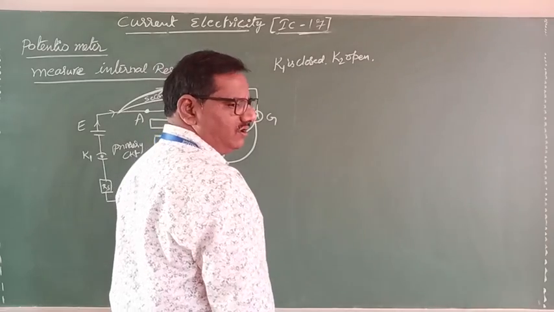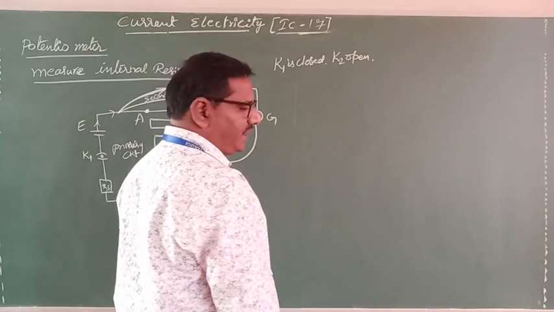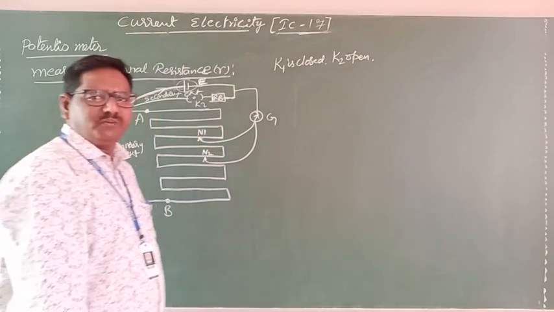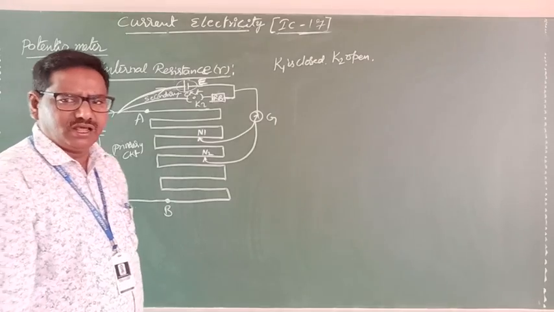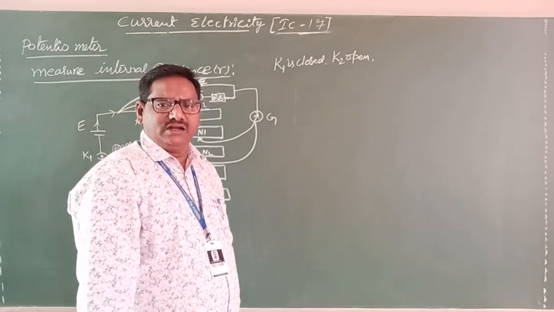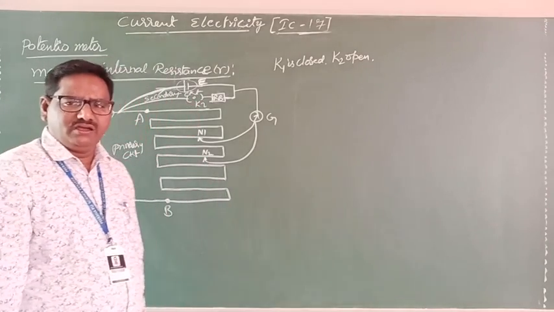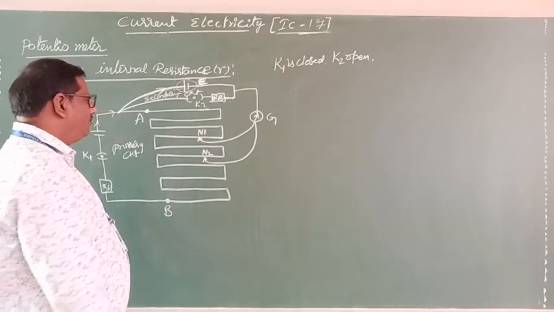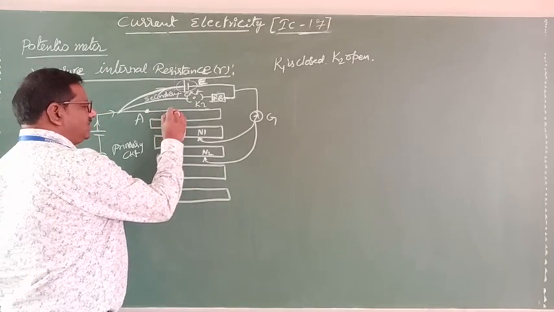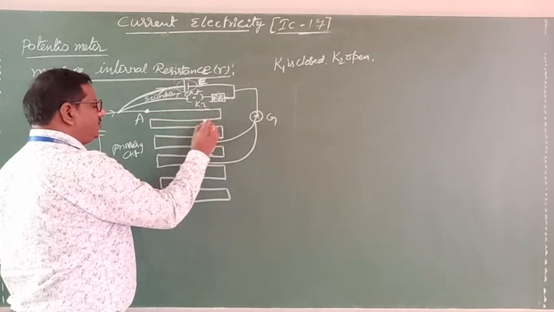Now K1 is closed and K2 is open, according to the principle of potentiometer. What is the principle of potentiometer? At a particular point of the jockey, the galvanometer shows zero deflection. How? From point A we touch the jockey at a particular length.